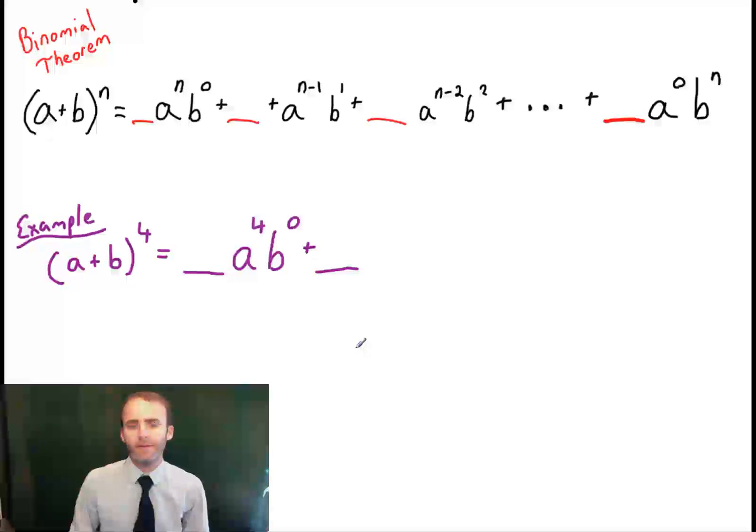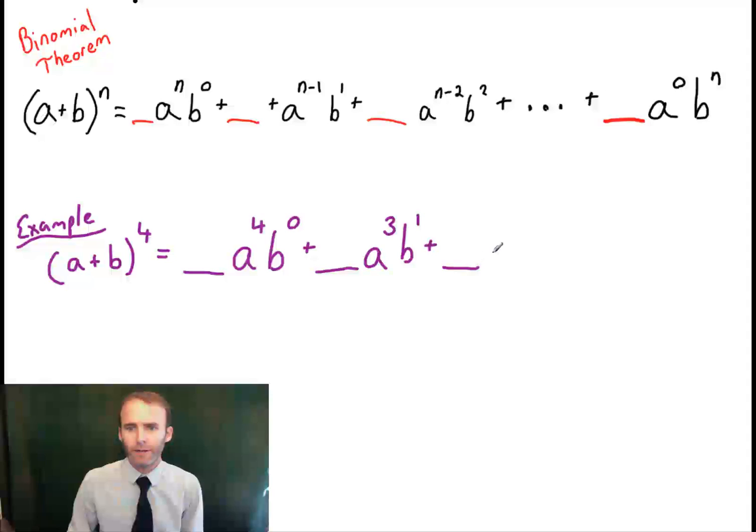Now, let's leave another blank here. And I'm going to subtract 1 off my a value. So this becomes a to the 3rd. And now my second term variable gets one of those exponents. So you'll notice that these will always add up to be the highest exponent.